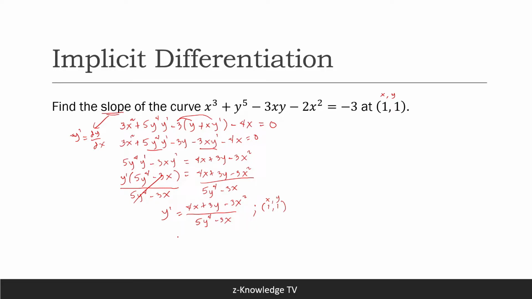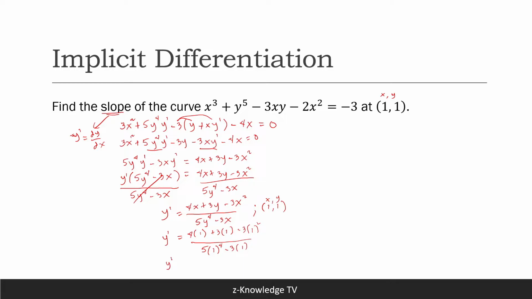So, substitute natin ito. So, mangyari, magiging y prime is equal to 4 multiplied by 1 plus 3 multiplied by 1 minus 3 multiplied by 1 then squared over 5 multiplied by 1 raised to 4 minus 3 multiplied by 1.